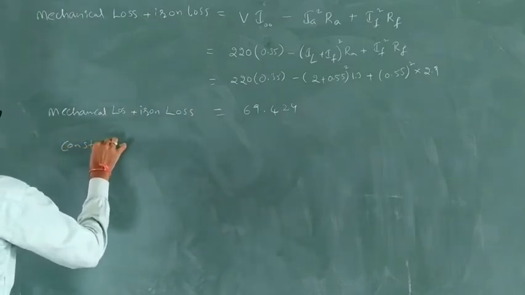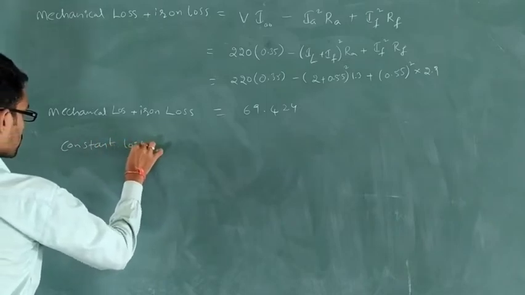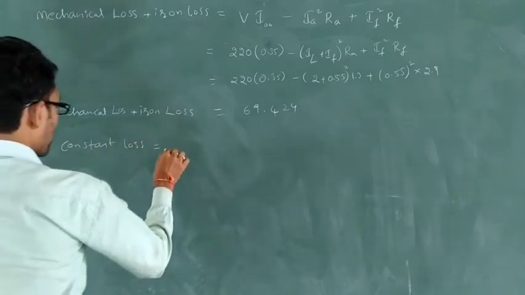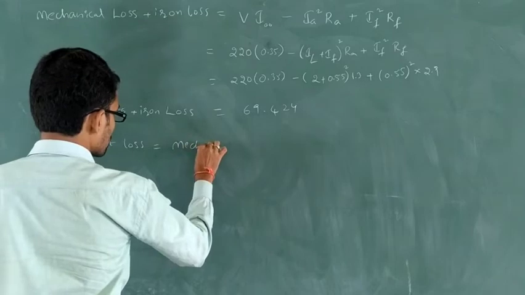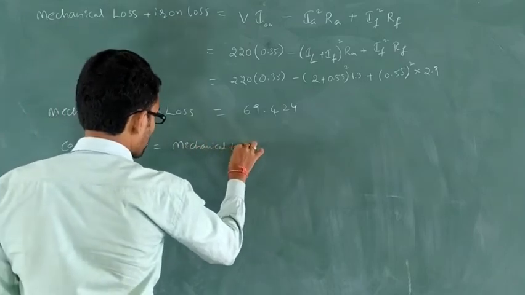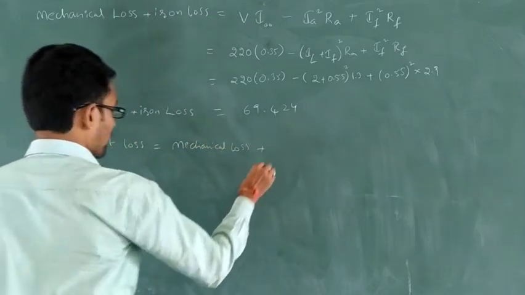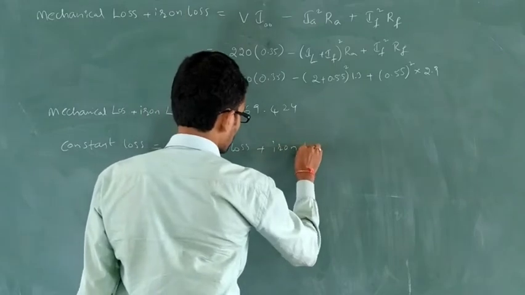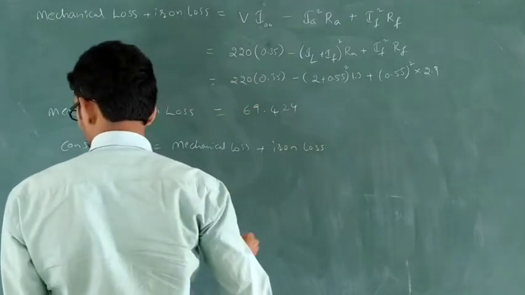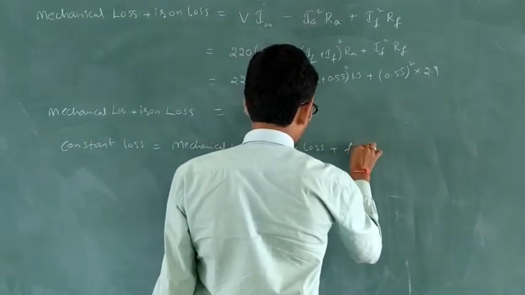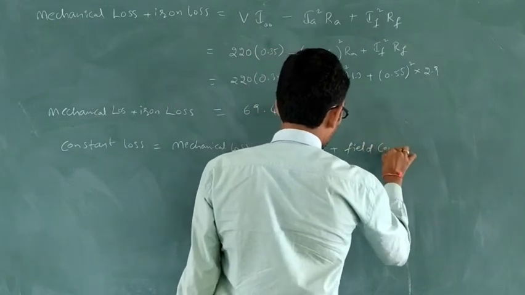So constant loss is equal to mechanical loss plus iron loss plus field copper loss.